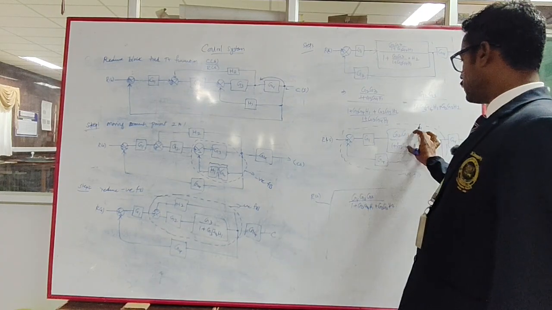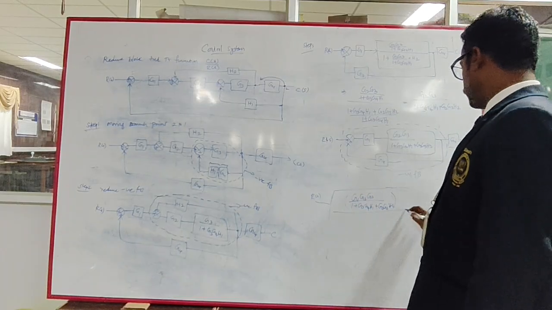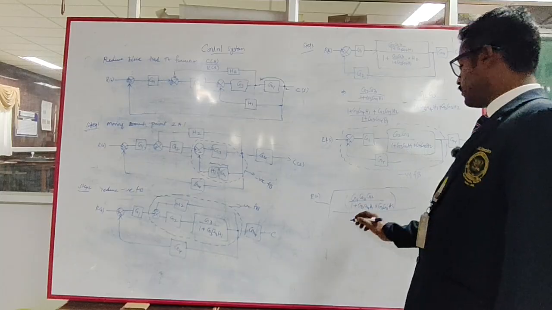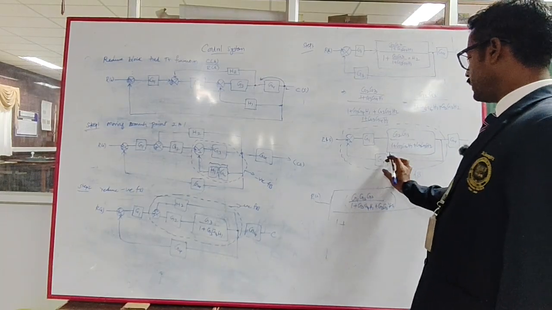So this is the numerator transfer function, the whole divided by 1 plus GH, that is, this whole G into this one.